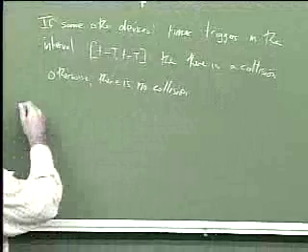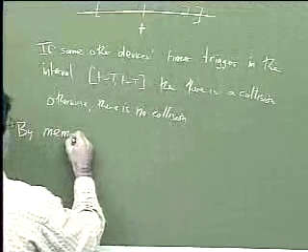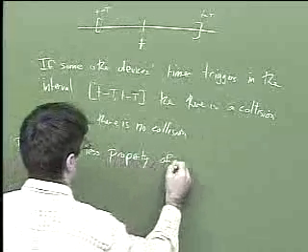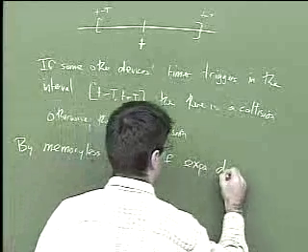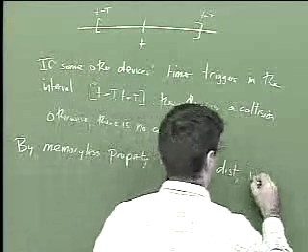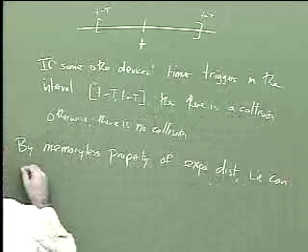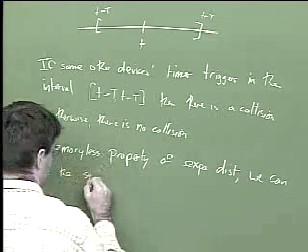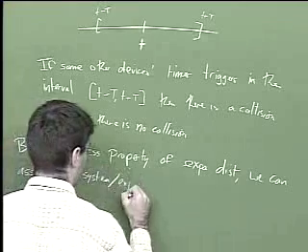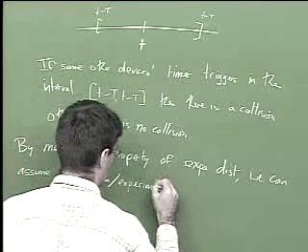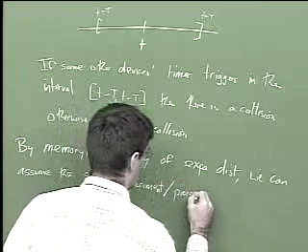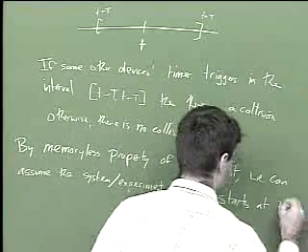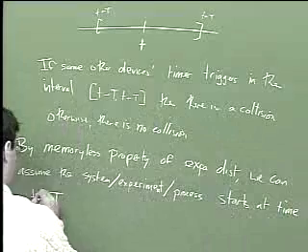And by the memoryless property of the exponential distribution, we can assume the system, experiment, process starts at time t minus T. Right, everybody with me?